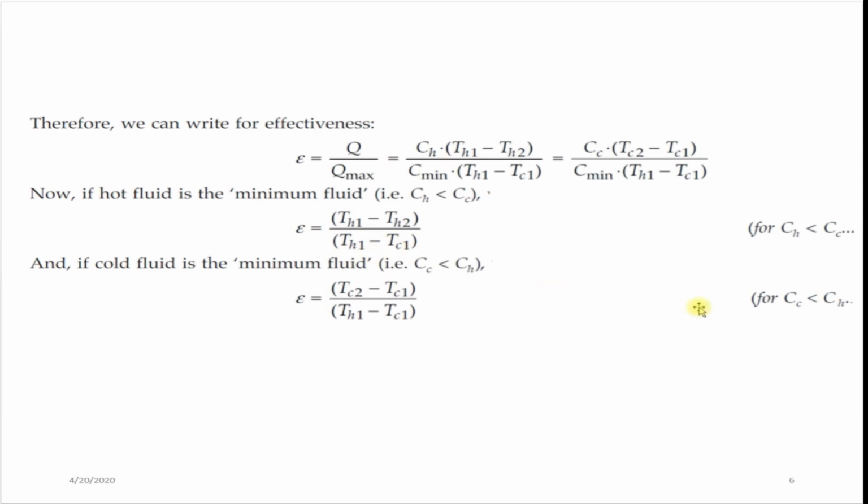If you consider Cc as C minimum, then this equation becomes Tc2 minus Tc1 divided by Th1 minus Tc1, because Cc as C minimum cancels. The remaining equation is Tc2 minus Tc1 over Th1 minus Tc1. Depending on the situation, you have to use the respective equation.